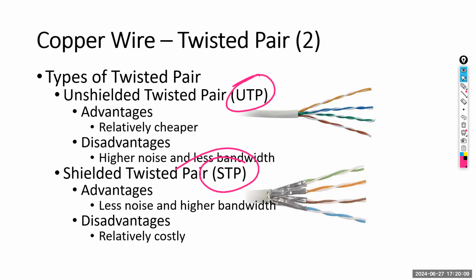So if you are interested in relatively high speed and maybe relatively longer distance, we go for STP. But for very simple applications, UTP is good enough. Both are twisted pair. If you go to an electronic shop, even a hardware shop, you can buy UTP cables and STP cables. When you say twisted pair, they will ask, do you need UTP or STP?